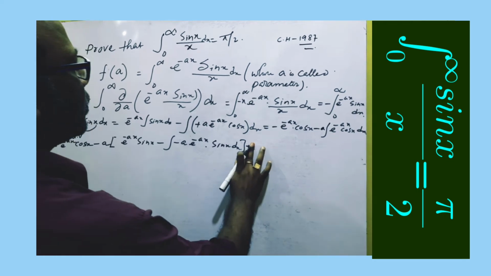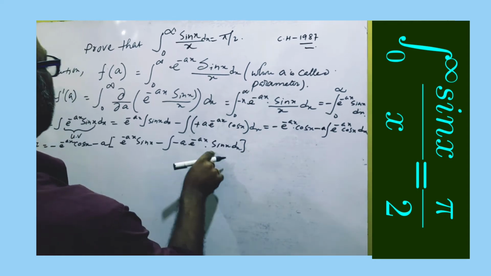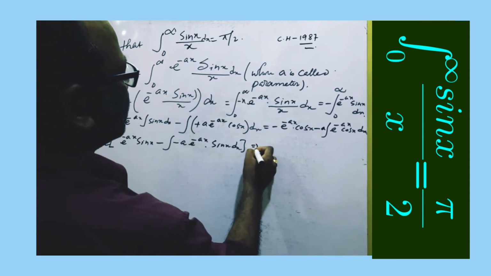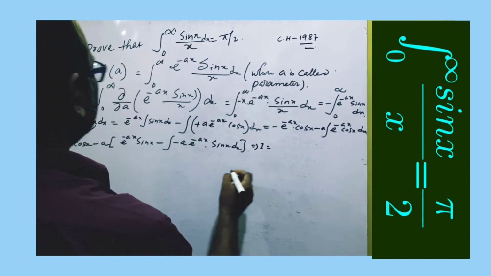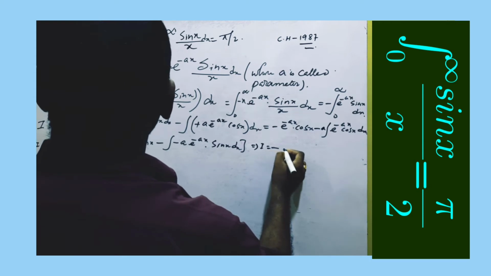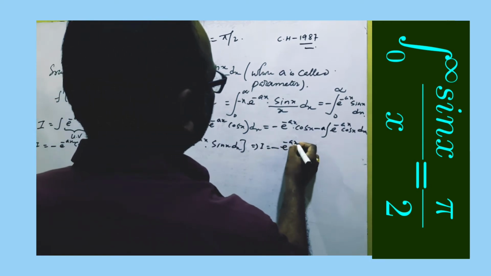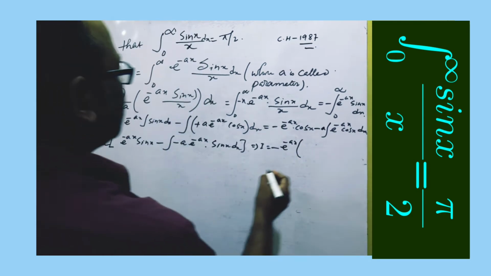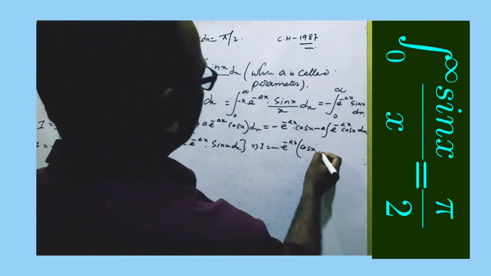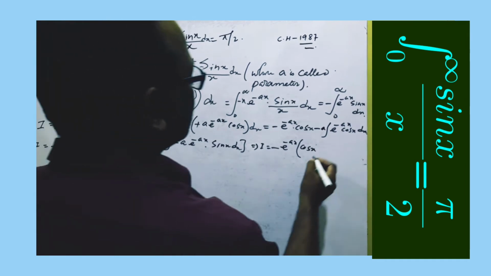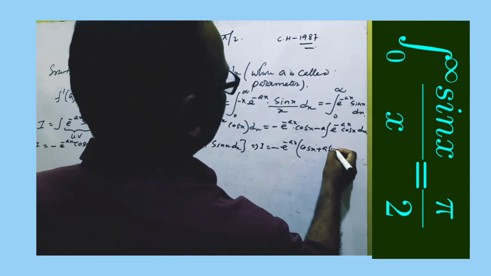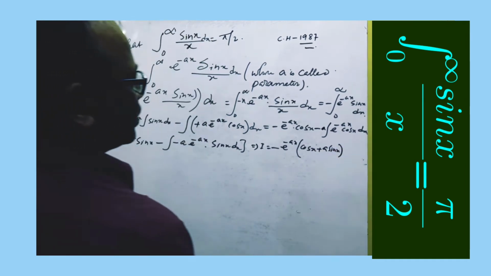So this is here a, actually I, so therefore I is equal to minus, taking common, e to the power minus ax, cos x plus a sin x.